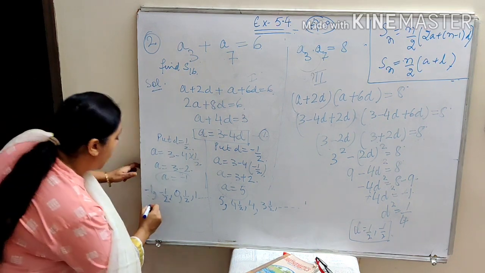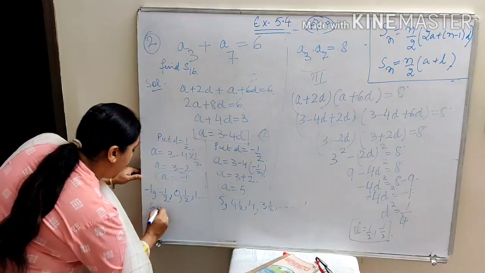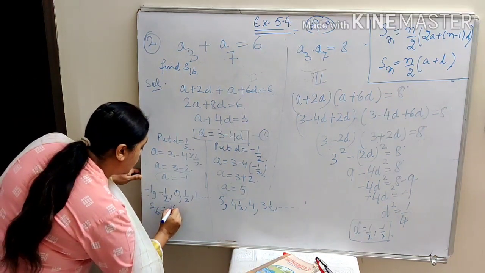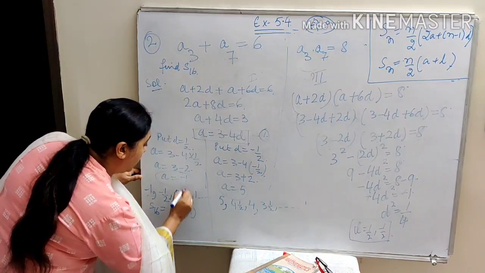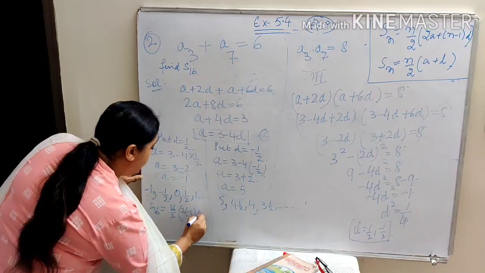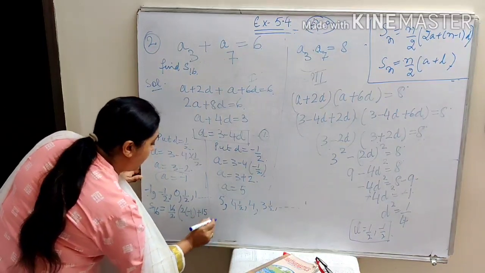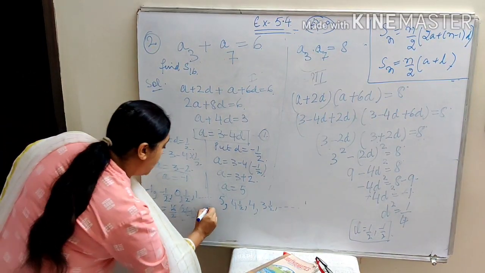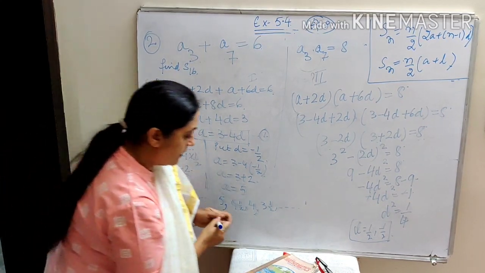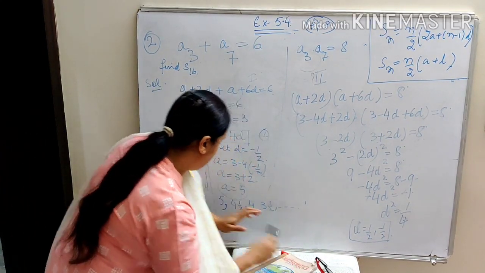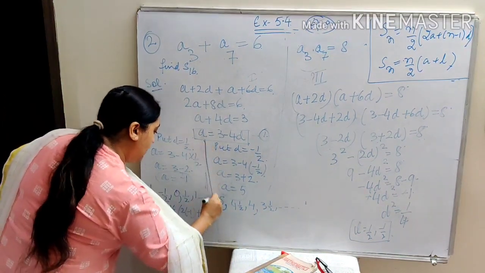So let us find S16. S16 will be equal to 16 upon 2 into 2A plus N minus 1 D. So 2A means 2 into minus 1, plus N minus 1 D. What is N minus 1? It is 15. I will use a different marker here because it will be more visible to you.